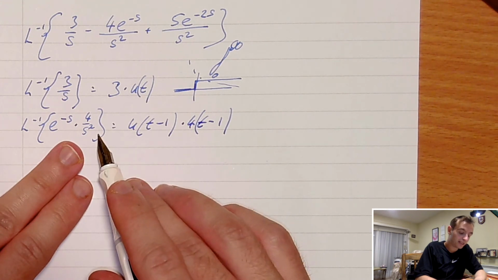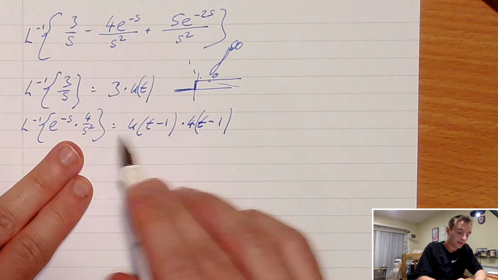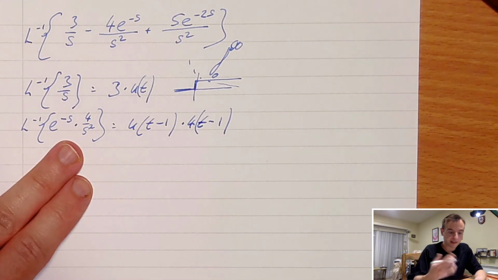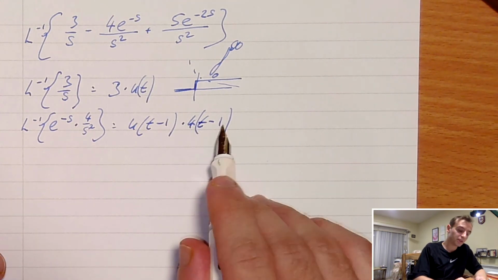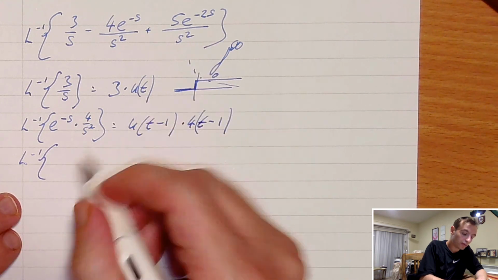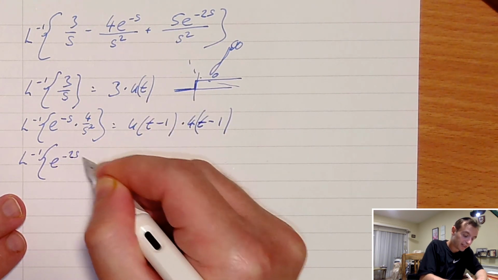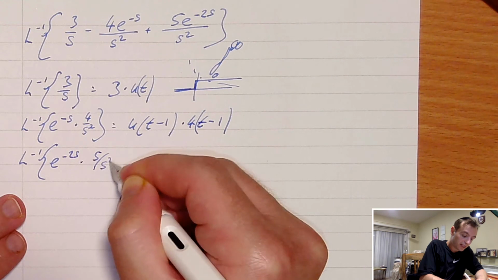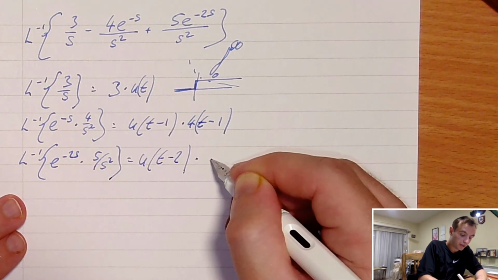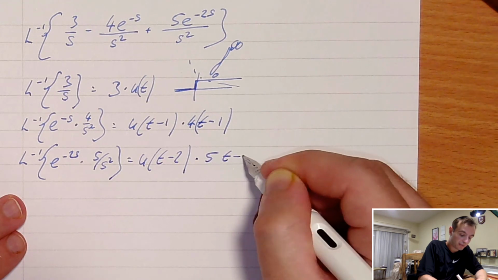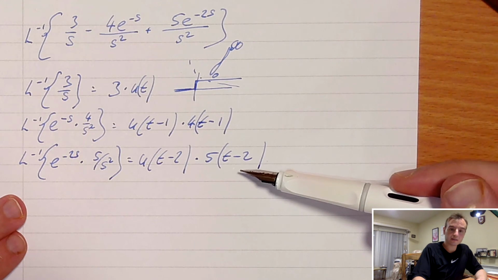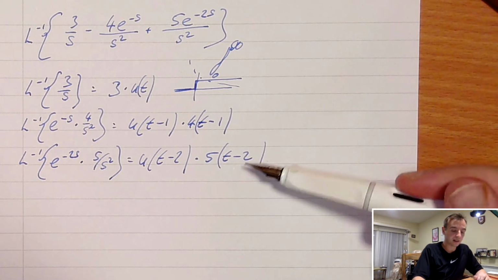Yeah, because remember, f of t is going to be 4t, and since we've got the shift, whenever you have t, you just replace the t with t minus the shift, which is t minus 1. And then we're going to have the inverse Laplace transform over here of e to the minus 2s dot 5 on s squared. And that's going to be equal to u(t minus 2) dot 5(t minus 2). If you don't know where those came from, just look at the first part of the video, where I went through that in a lot of detail.